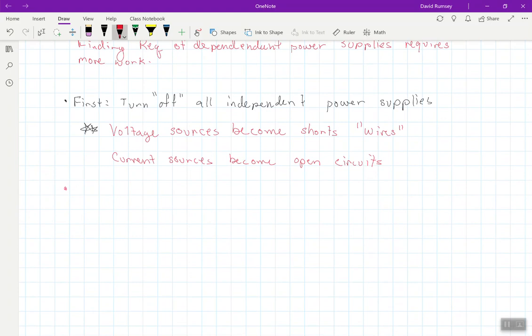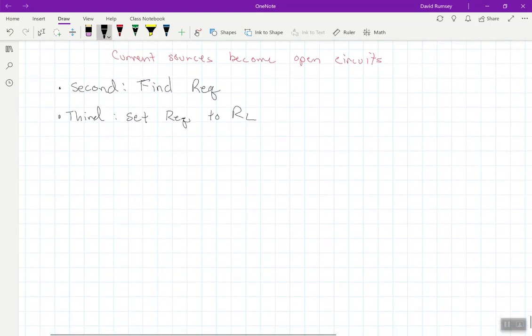Second, find REQ. And then the third, set REQ to our load. So let's look at an example of this, a very basic one to start with here.